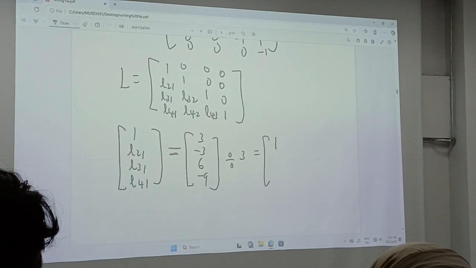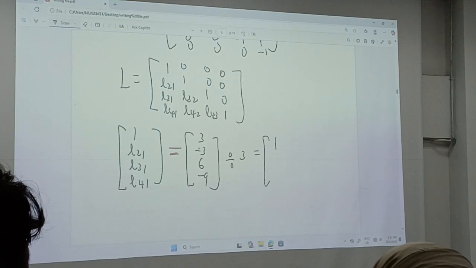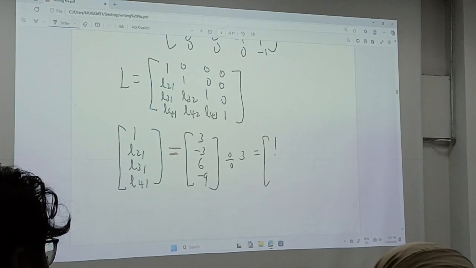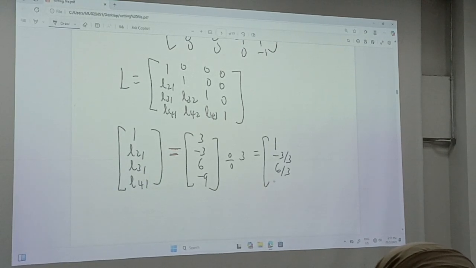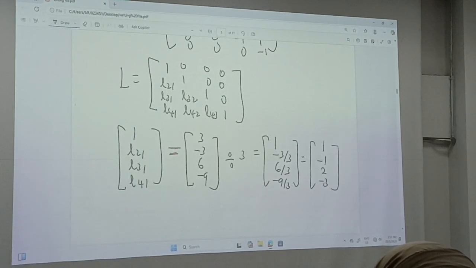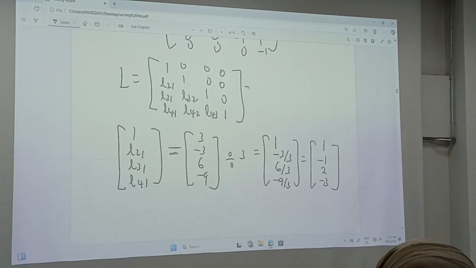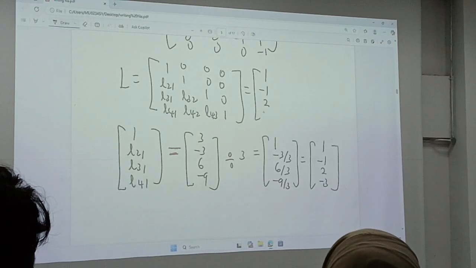Which means the rest of the elements must also be divided by 3. So -3 divided by 3, 6 divided by 3, -9 also divided by 3, equal to -1, 2, -3. So the first column will be 1, -1, 2, -3.